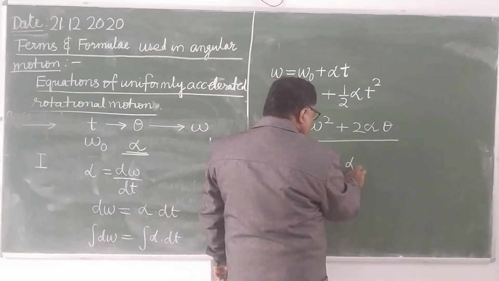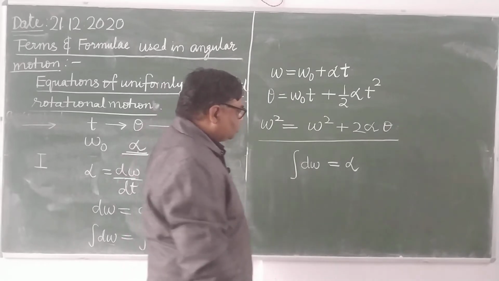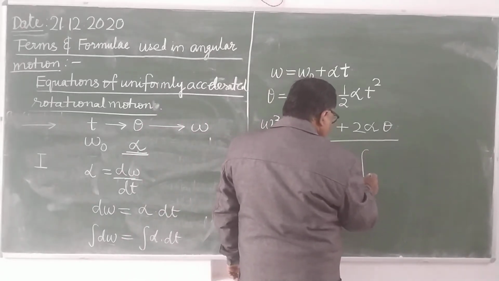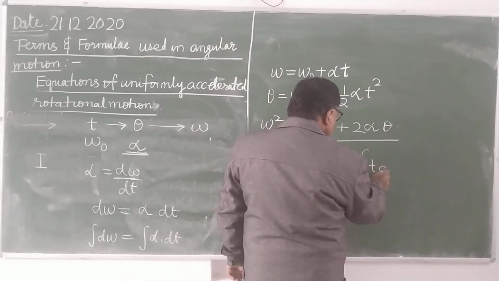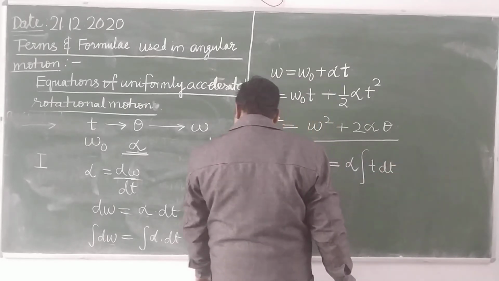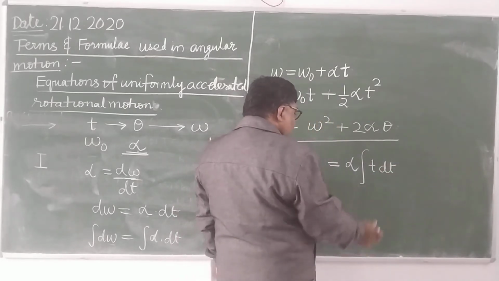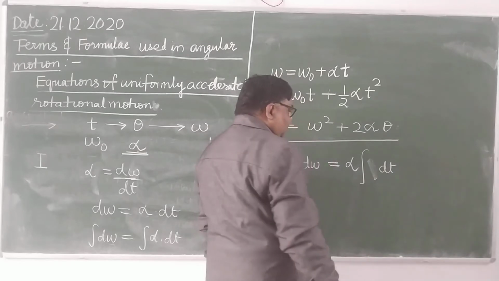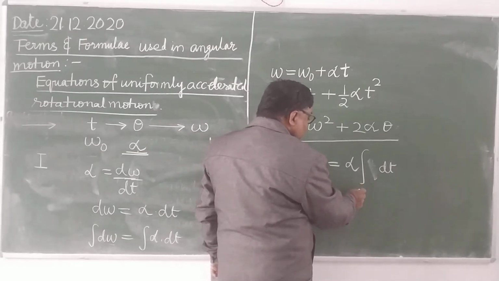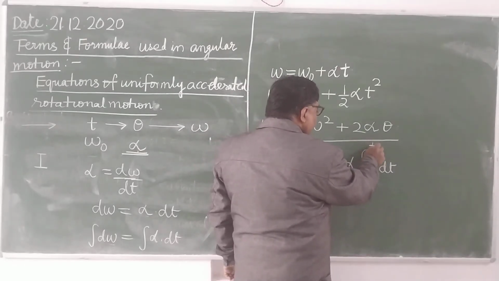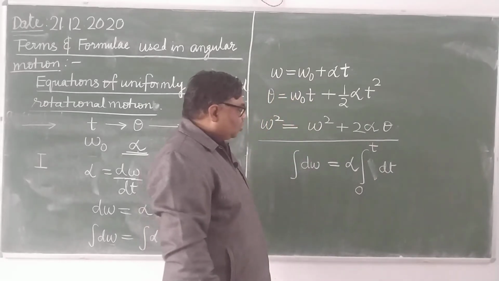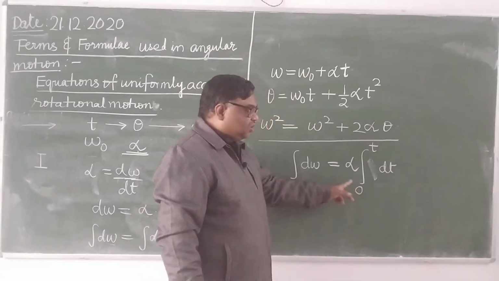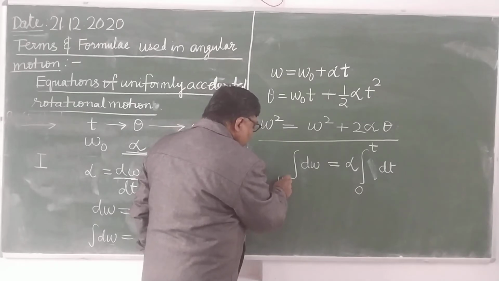You can take out alpha common because alpha is constant. Integral dt. Now what is the limit of time? Not integral t dt, it is only integral dt. The limit of time is from time t equals 0 to time t equals t. Now you can see here, when time is 0, velocity is omega naught.